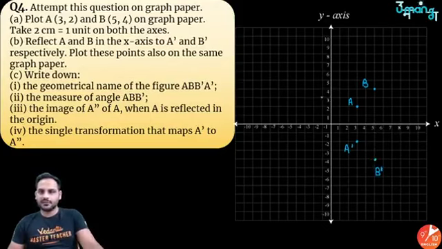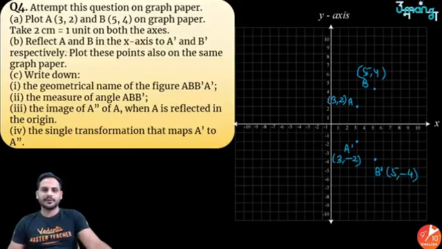So A is your 3,2, B is your 5,4. Since we are doing the reflection under x axis, the x coordinate will remain same, y coordinate will change, so 3, minus 2, and B dash is 5, minus 4. Then reflect, okay, reflection done. Plot these points also on the same graph paper plotted.